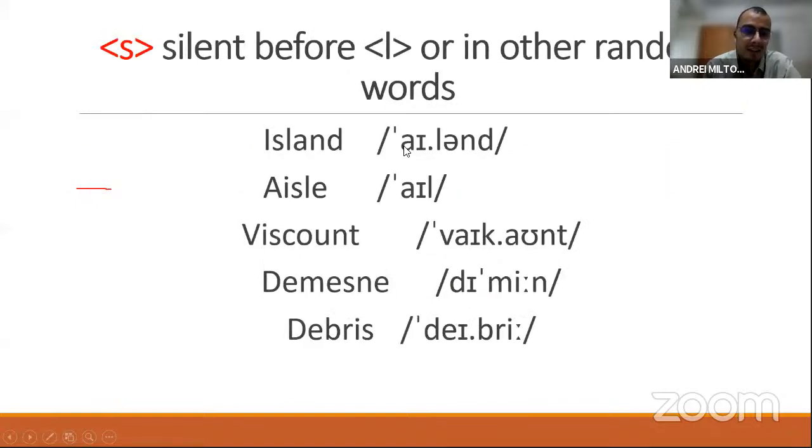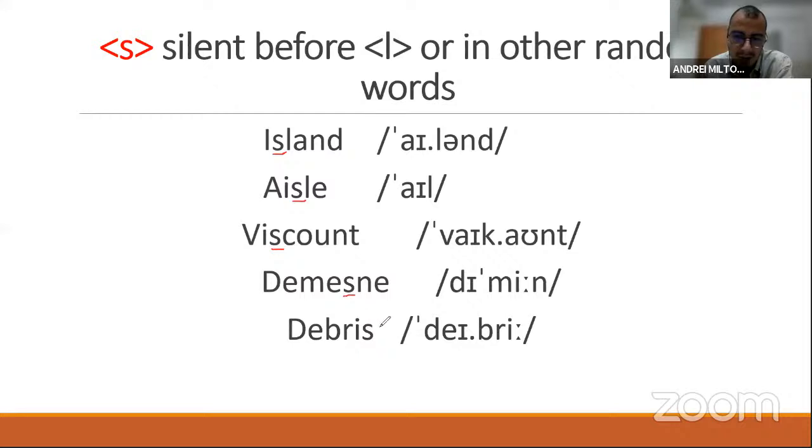Okay, so next silent letter. So in this case, let's use something that is very frequent. There is no way how to say here whether you need to pronounce or not the letter S, but I found one of the very common words in which we do not pronounce the S. Okay, here, like in island or I, or in Viscount, okay, here, right?